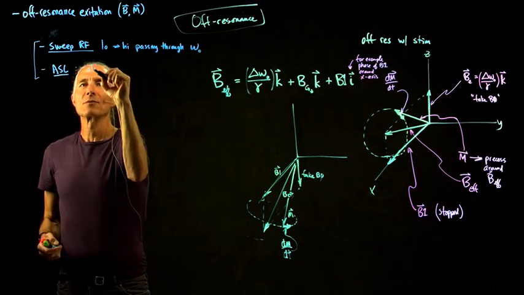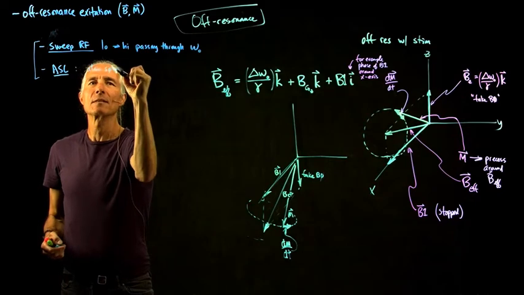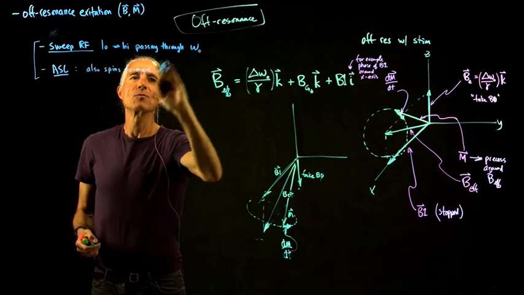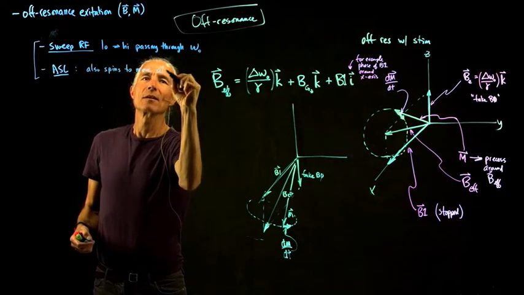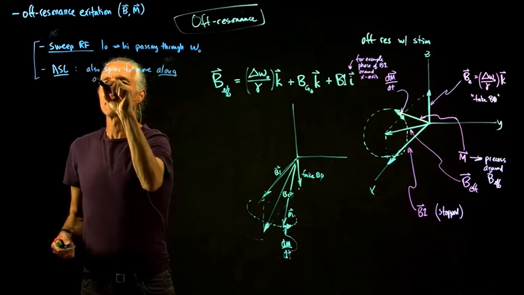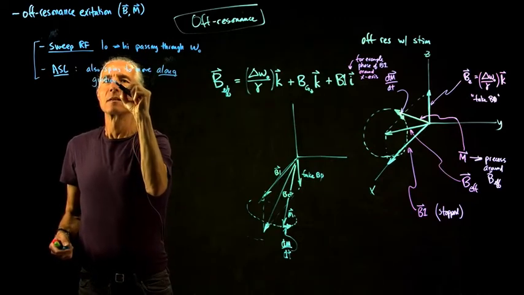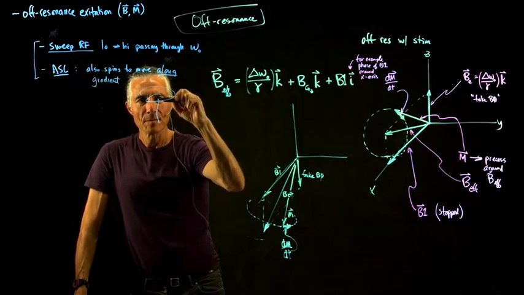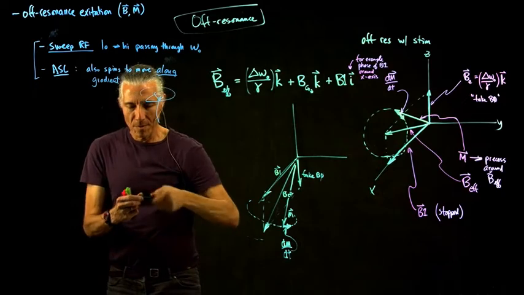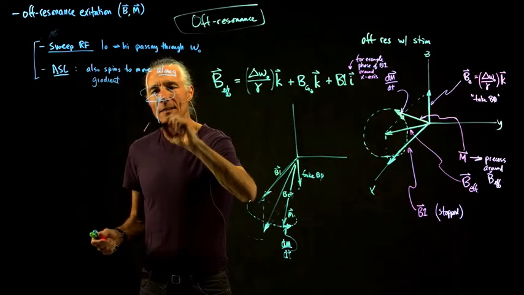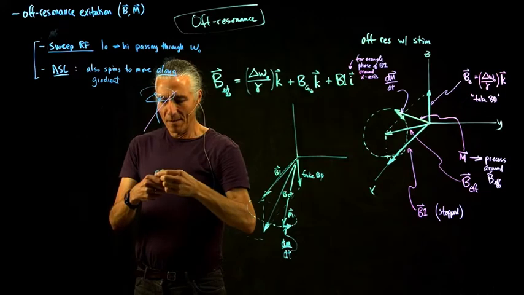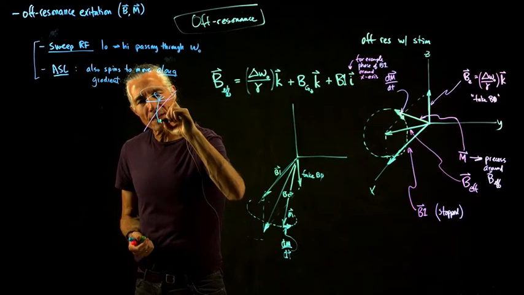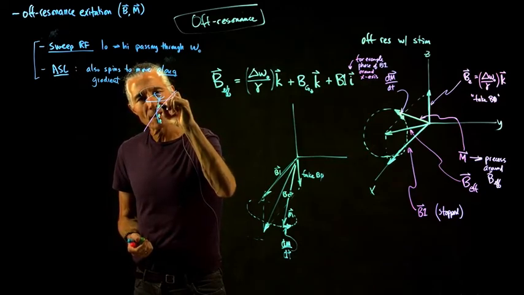But alternatively, what we could do is allow spins to move along a gradient. So here's the brain, here's a blood vessel coming up into the brain. Put a gradient on in that direction, and then have the spins, meaning blood, just be moving through this gradient.